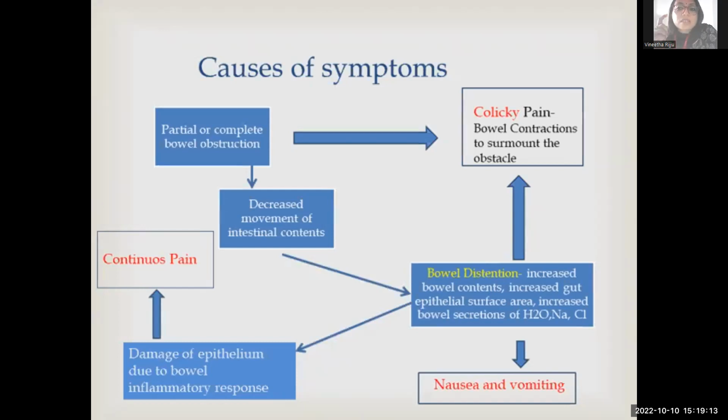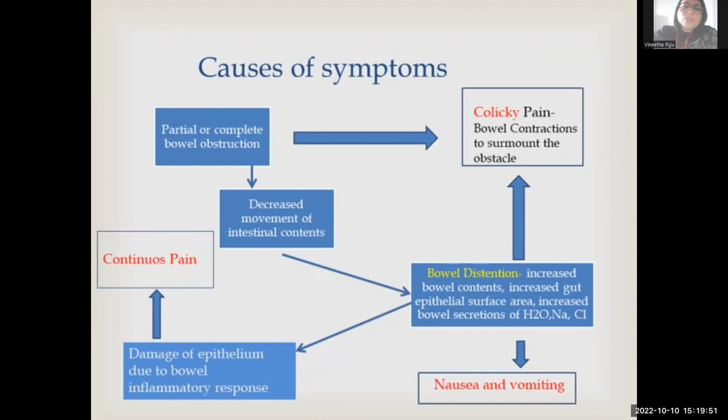So this is because there is bowel contraction. Okay, so the intestine moves like a wave, and when it reaches a point of obstruction, one wave accumulates on top of the other and it becomes a colicky pain. Okay, now what happens when there is an obstruction? There is bowel distension. The bowel contents are not able to go forward. And when the bowel gets distended, the gut epithelial surface area also increases. Now, when the surface area increases, there is increased bowel secretion happening.